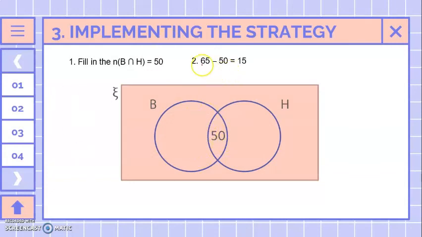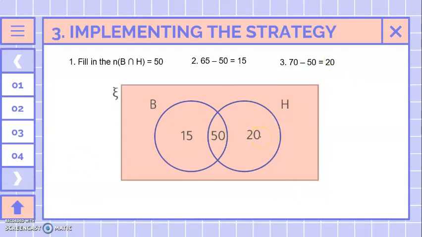And for Bahasa Melayu, a total of 65 minus 50 that attend both, so you have 15 will go here. And for history, you have a total of 70 people minus 50, you have 20.